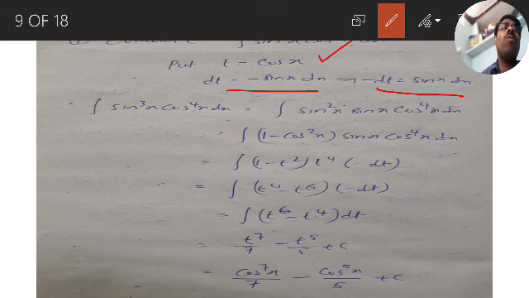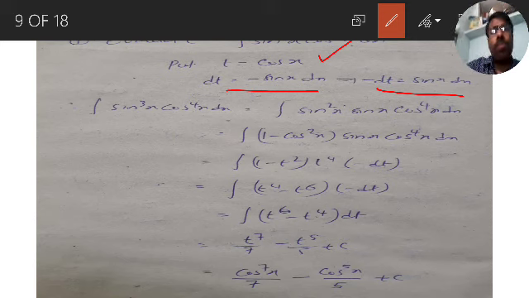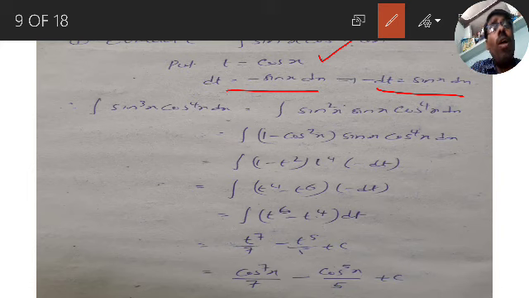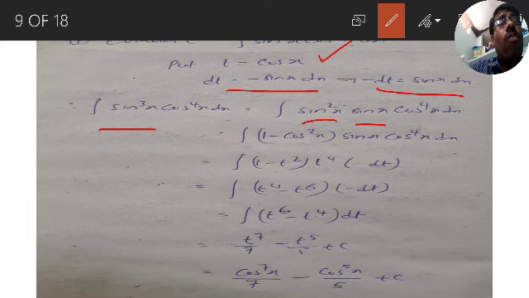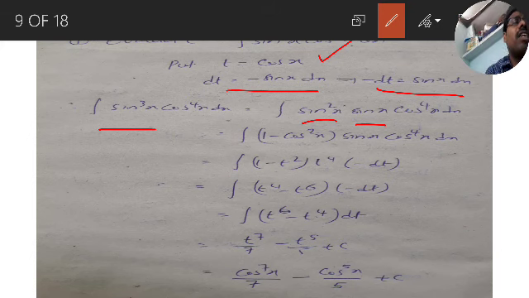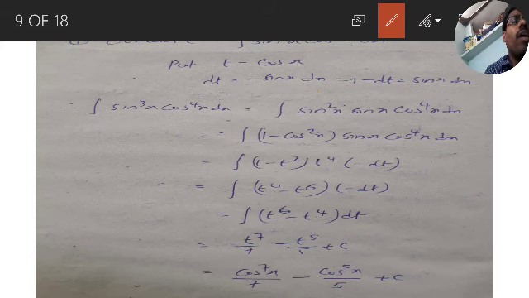Now what is the given integral? The given integral is integration sine power of 3x into cos power of 4x dx. Sine cube, you can write as sine square into sine. So integration of sine square x into sine x into cos power of 4x dx. Now in place of cos x, you can write t.